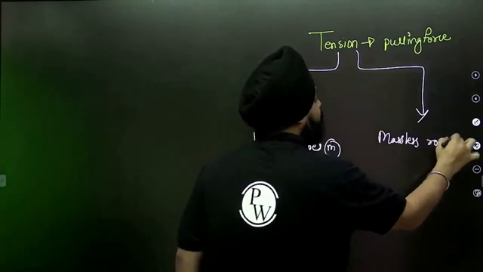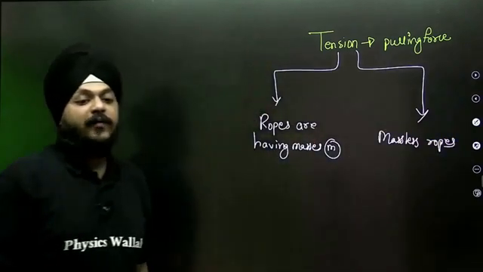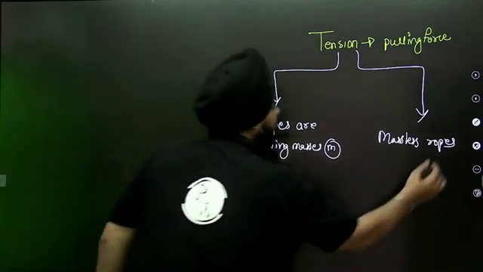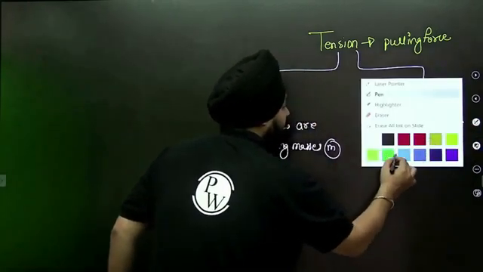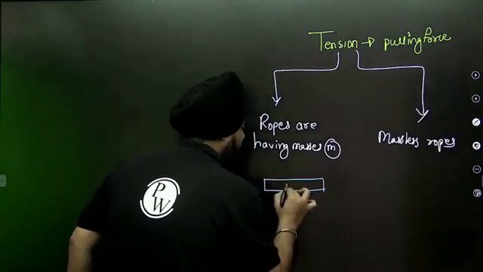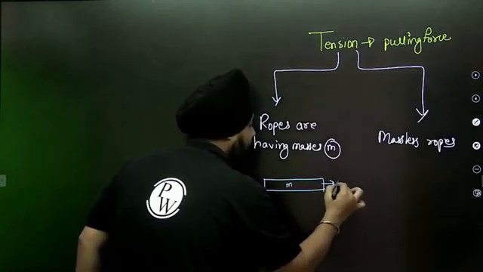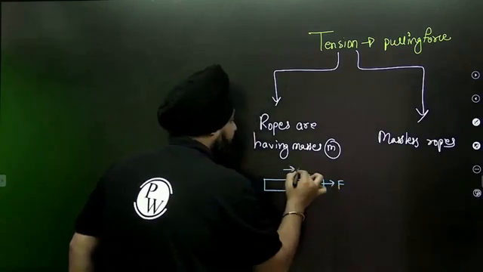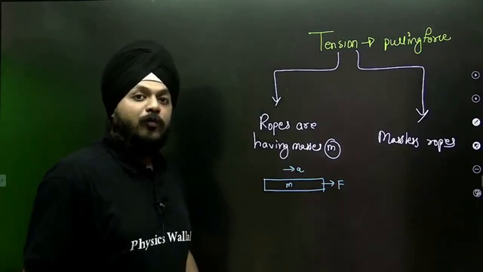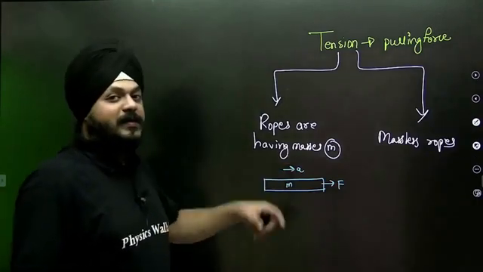There is a small difference between massless ropes and ropes that have masses m. Let us take an example to understand this. This is a rope of mass m that is pulled by force F and acceleration is along this direction. This is a rope with mass m.